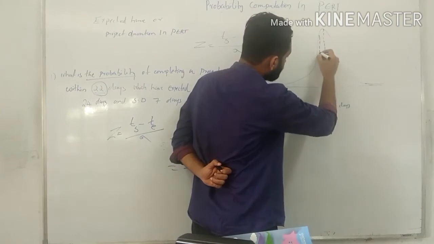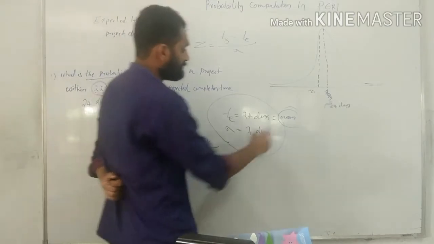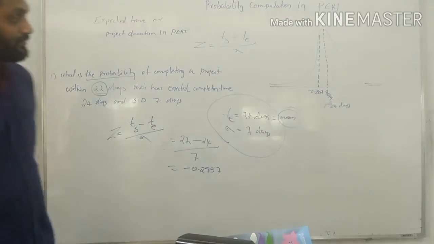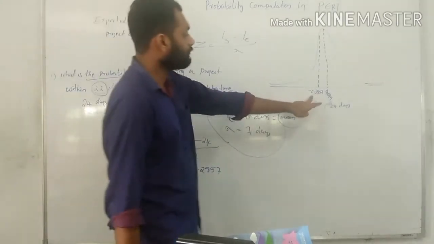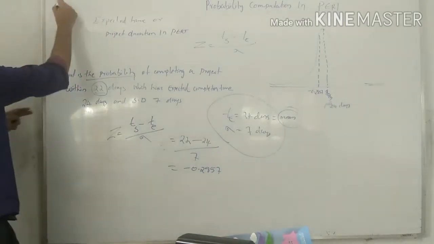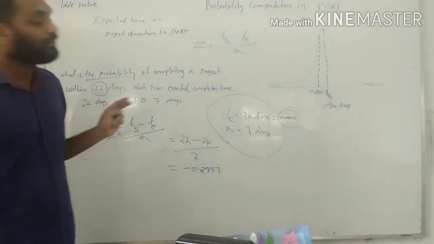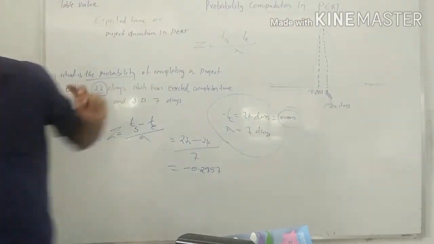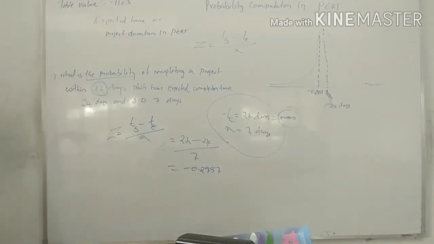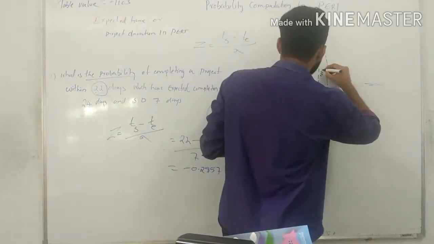The normal distribution table value of 0.2857 is 0.1103. That means this area is 0.1103.